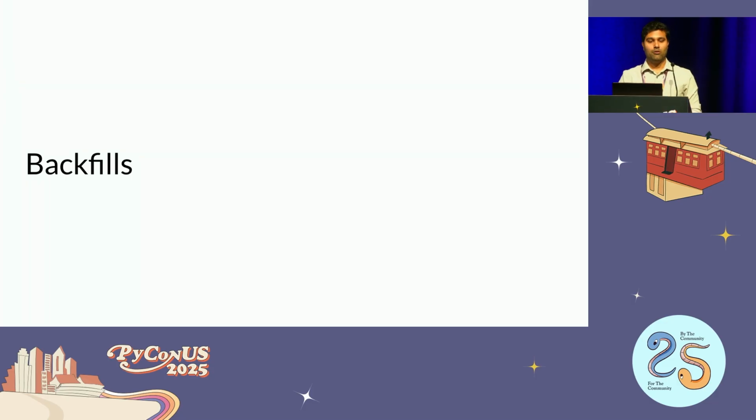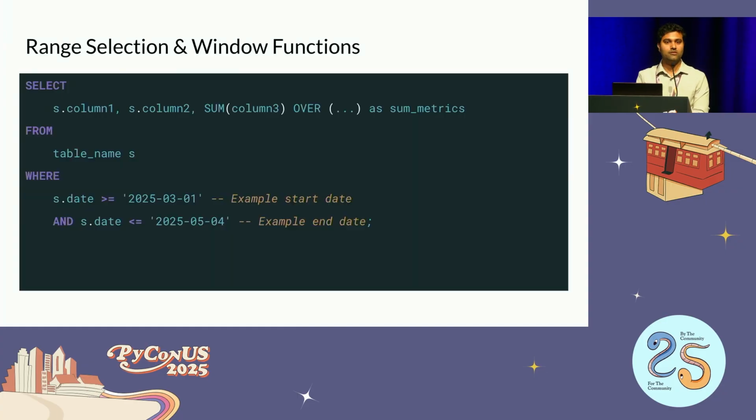Backfills. Backfills is an interesting topic, and I think it goes beyond just normal data pipelines. This is a whole different world for analytics, and a lot more in terms of machine learning as well.